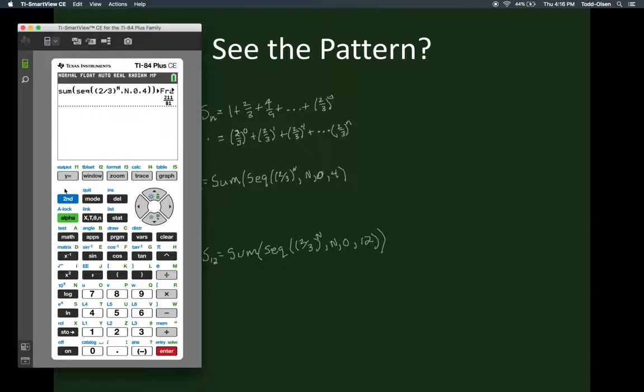The nice thing about the calculator too is once I program this in to do other partial sums, I just press second enter, which brings back the previous command, and change the 4.